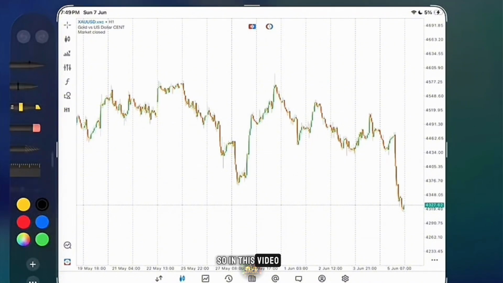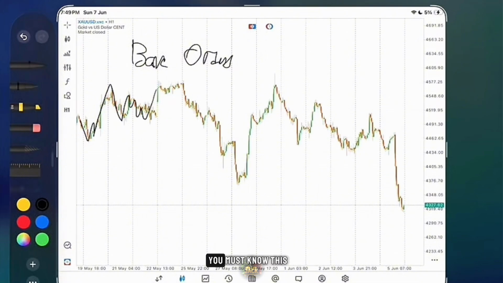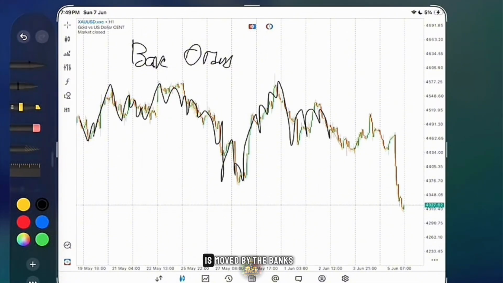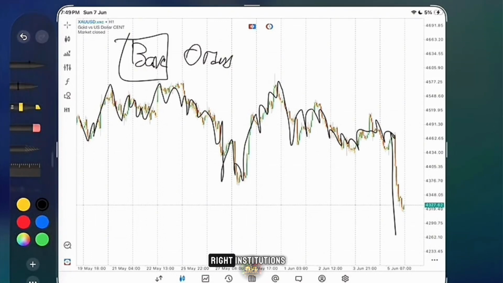So in this video, I'm going to teach you guys about bank orders. Now, as we all know, if you're a retail trader, you must know this. Basically the chart is moved by the banks, institutions, huge firms.